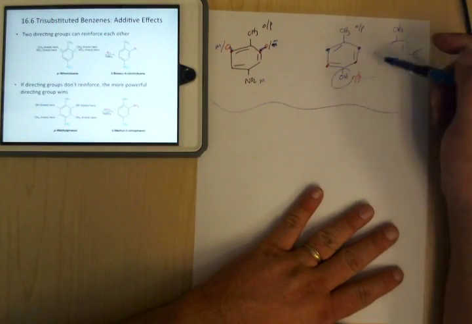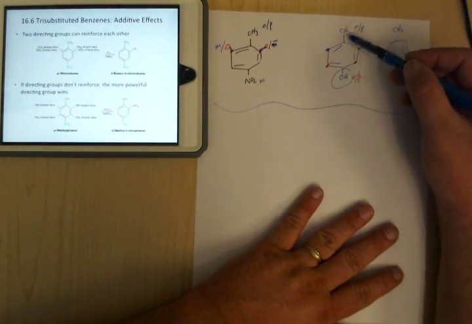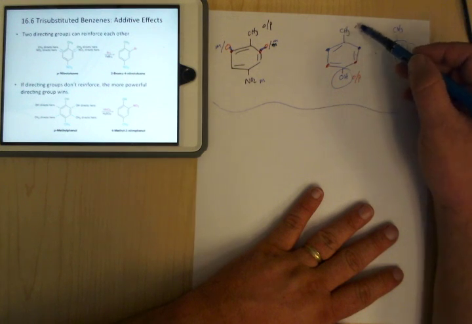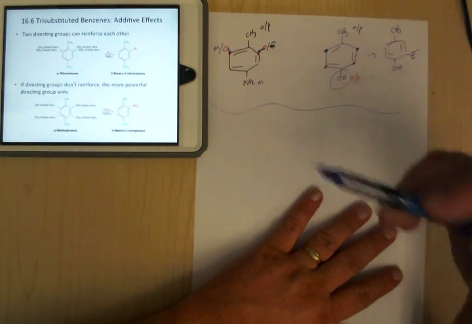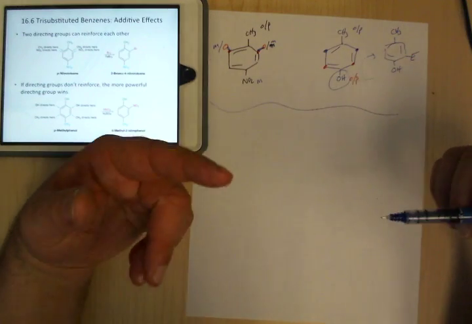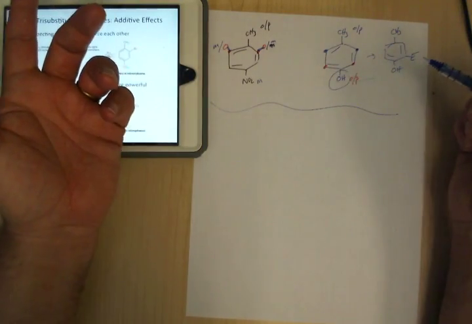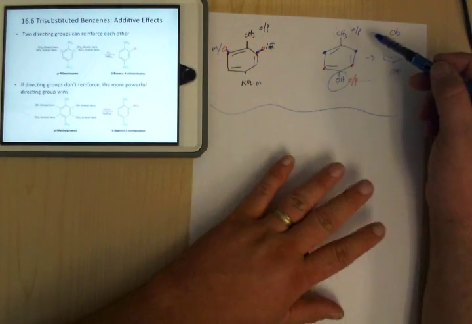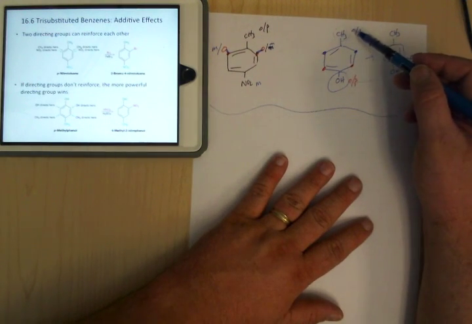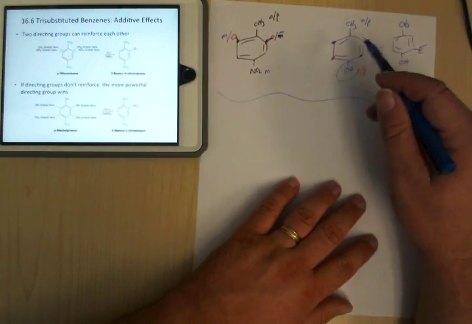Same thing here. Everything's going to be a higher priority than just an alkyl group. If you have an amine versus an OH, that's a little bit more difficult to predict. But everything's going to be higher priority than just a regular methyl group or alkyl group.